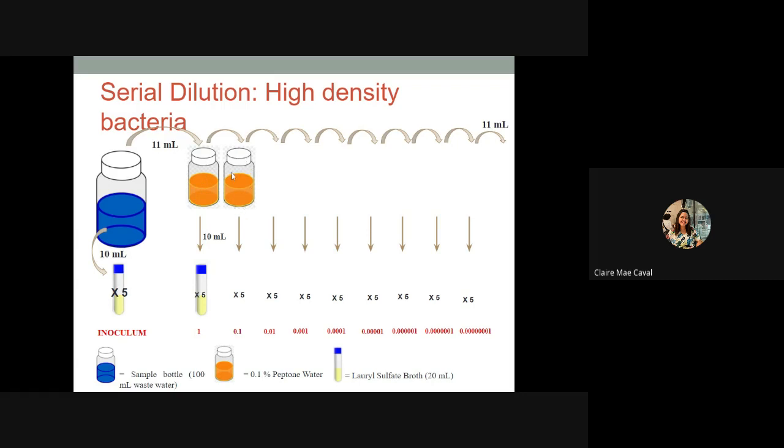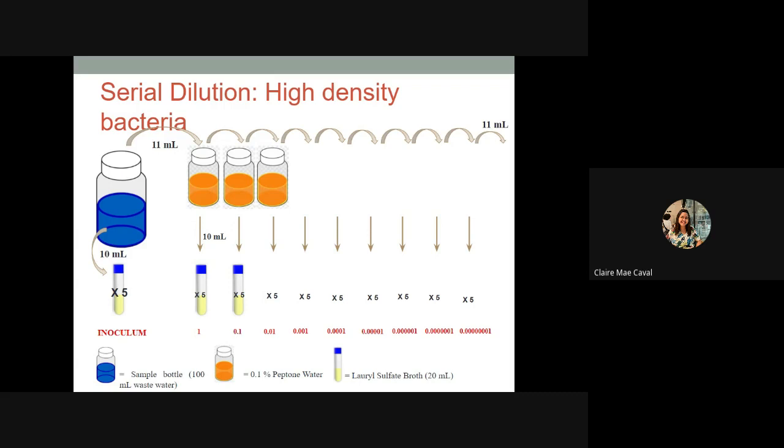And so, the process is repeated until the end. Okay? So, again, 10 ml from this peptone water to another 5 lauryl sulfate broth. And in here, 11 ml naman transfer natin dito. So always remember, from sample to peptone water and to another peptone water, that's always 11 ml.